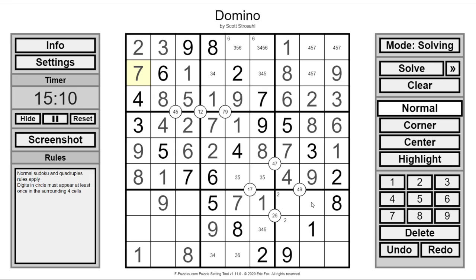Now that we've got the 6s worked out, the 6 can't go in either of those spots. That's a 6. Which makes this a 3, this a 4. That's a 6. That's a 6.